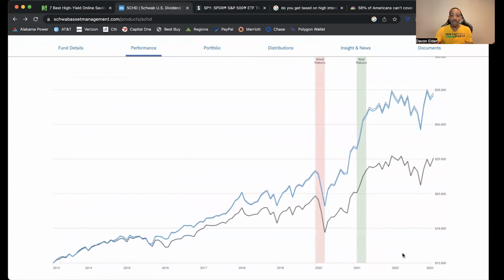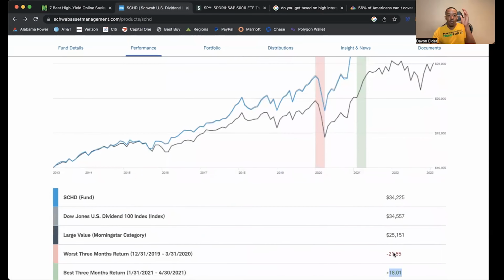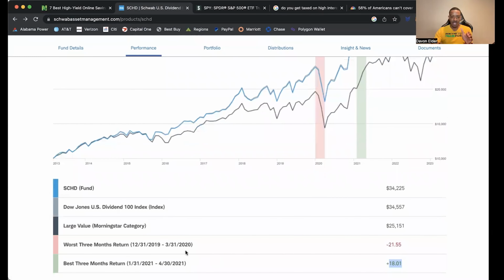Let's also continue to put that into perspective. Remember, we're talking about a 10-year time horizon here. A 10-year body of work. And when you look at something over a 10-year period, we're talking about looking at what has withstood the test of time. The worst 3-month period that we had was in 2019 to 2020. The best 3-month period that we had was in 2021.